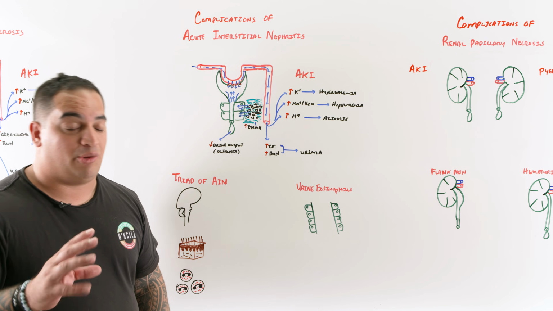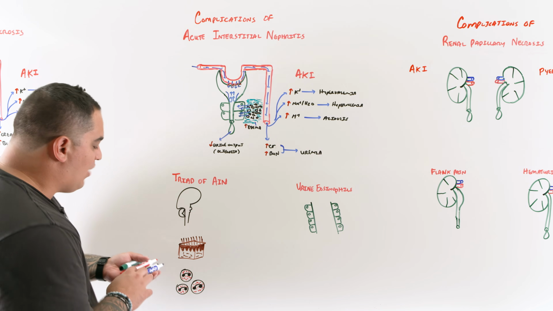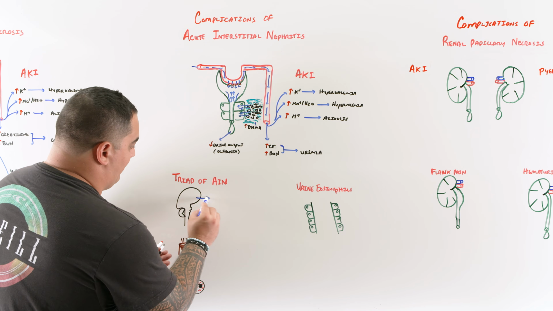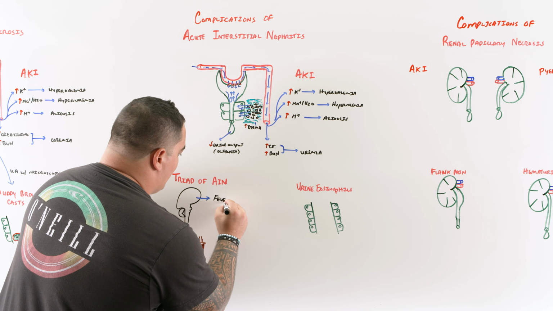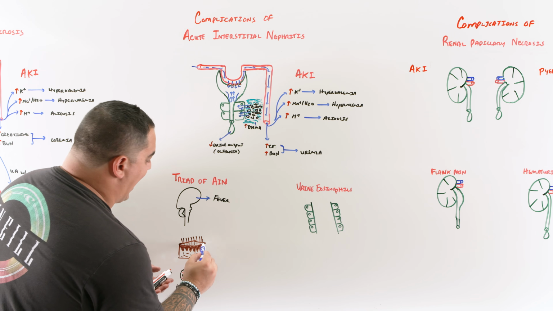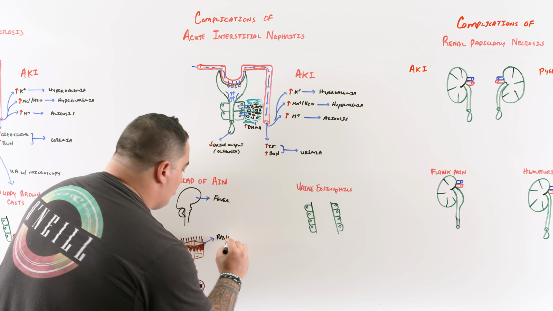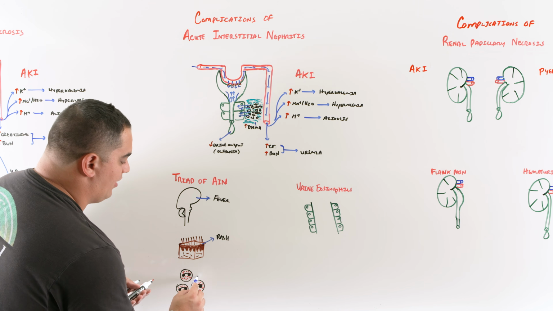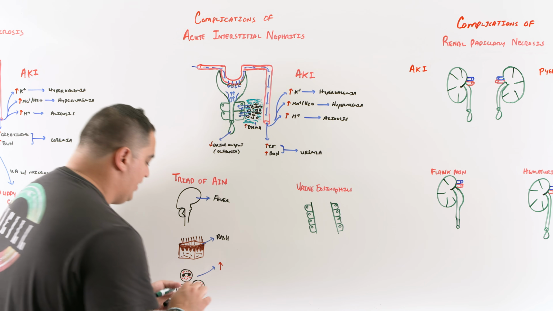When I say oftentimes, I mean on your boards all the time; in true clinical reality, 10% of the time. This triad consists of a fever, so watch out for a fever. Watch out for a morbilliform rash. And lastly, because of that heavily secreted interleukin-5, watch out for increased eosinophils, or eosinophilia.